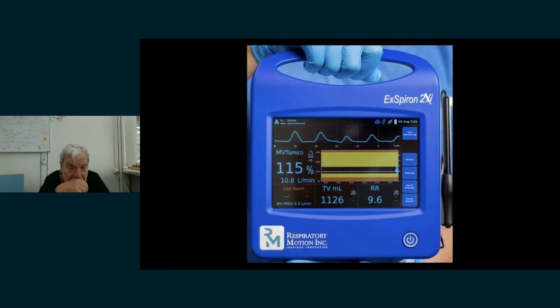Now, the experience is one, the possibility to tell you minute ventilation, that means respiratory rate and tidal volume.